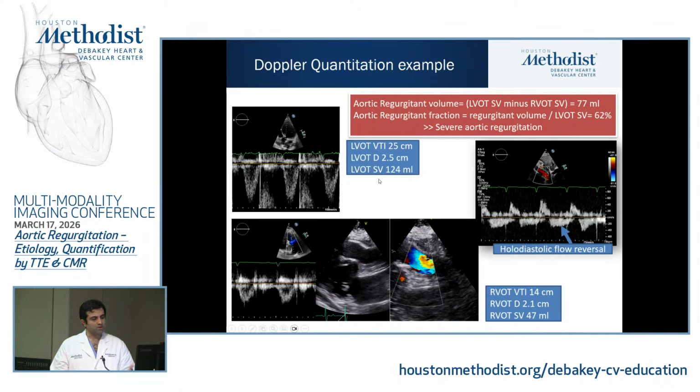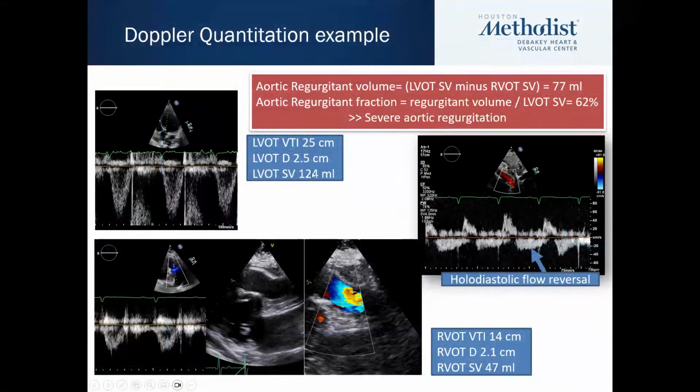Now, if you have concomitant MR, you can still measure flow in the aorta. So TVI, diameter, you get a stroke volume of 124. You can measure the RVOT diameter, and here you can kind of use the color to help you. You use the TVI of the RVOT, you get 47, and then you subtract one from the other to get the regurgitant volume.